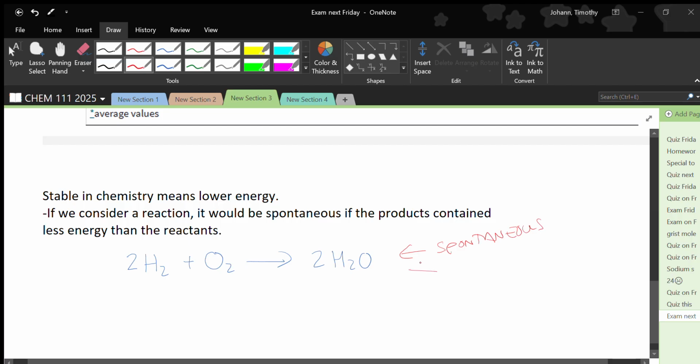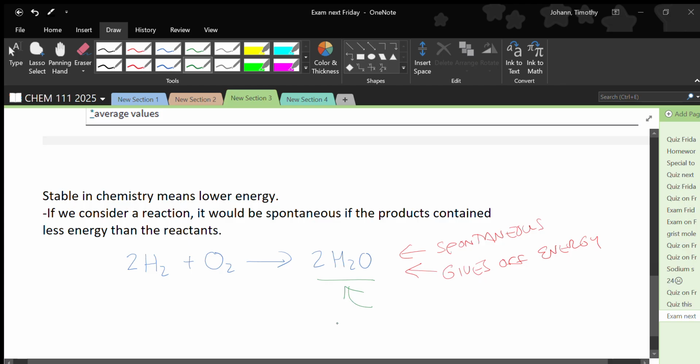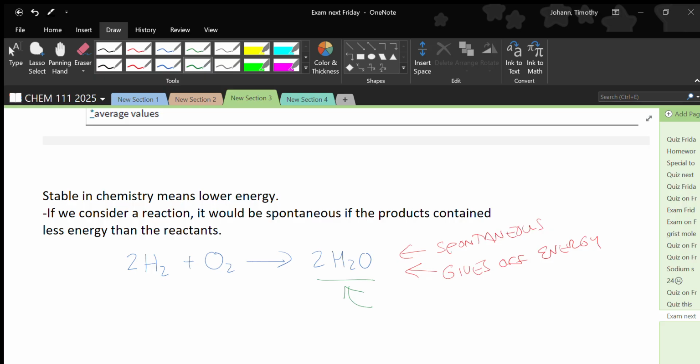What it means is it gives off energy, and that the water is more stable. Two waters contain less energy than two hydrogen molecules and one diatomic oxygen molecule.